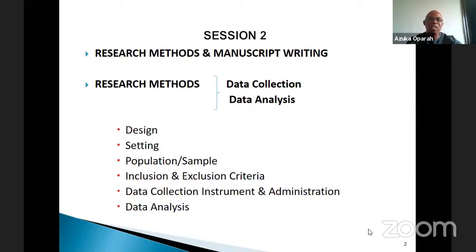Then inclusion and exclusion criteria, we try to illustrate that. And then we look at data collection instruments and maybe administration. And finally, we look at data analysis before we move into the next segment on manuscript writing.